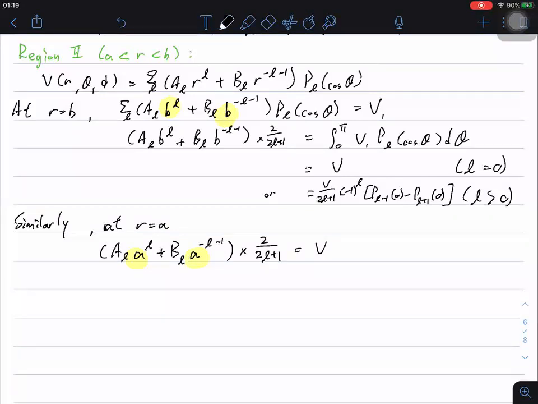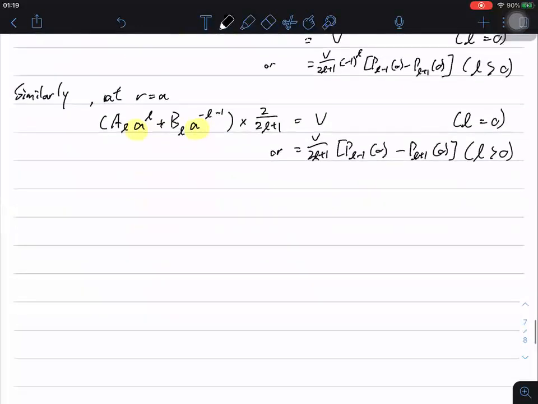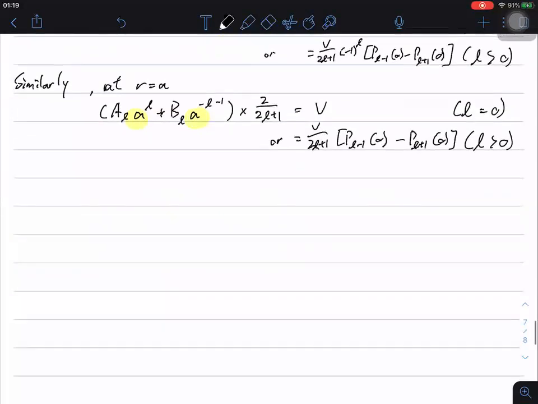So you obtain V on the right hand side if L equal to 0, or this term if L is greater than 0. So now both AL and BL are not 0, and we have to find them using these two equations.